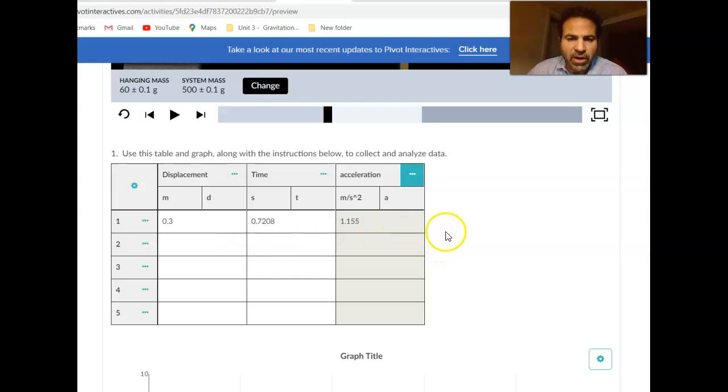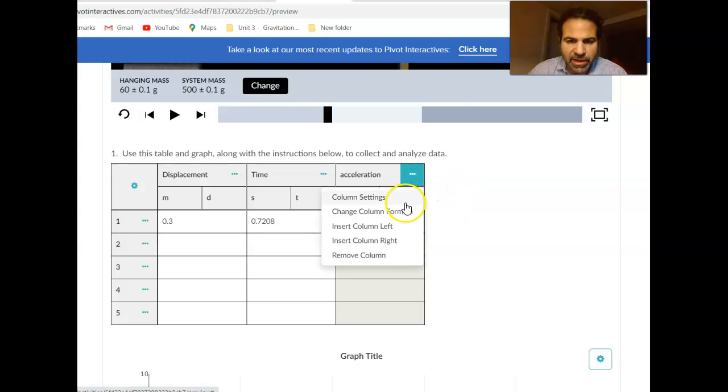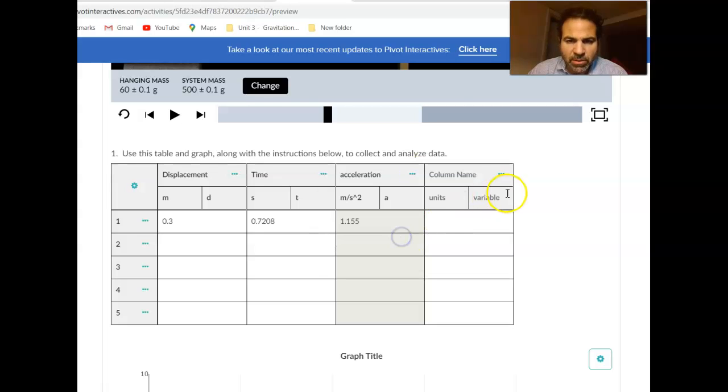Great. Now, I also need to record information about the system that I had. So I'm going to record hanging mass, and I want my units to be kilograms, so I'm going to take the hanging mass and divide by 1,000.